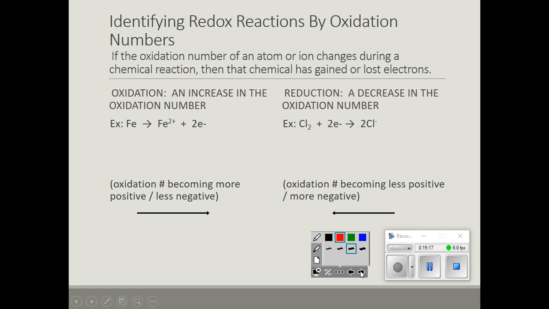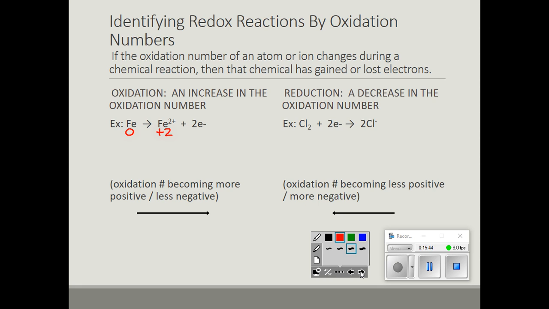Have electrons been gained or lost? And oxidation numbers are a really quick way to do that. If oxidation has happened, then the oxidation number will have an increase. So if I consider just this little half reaction with iron, its oxidation number would be 0 here and +2 here.